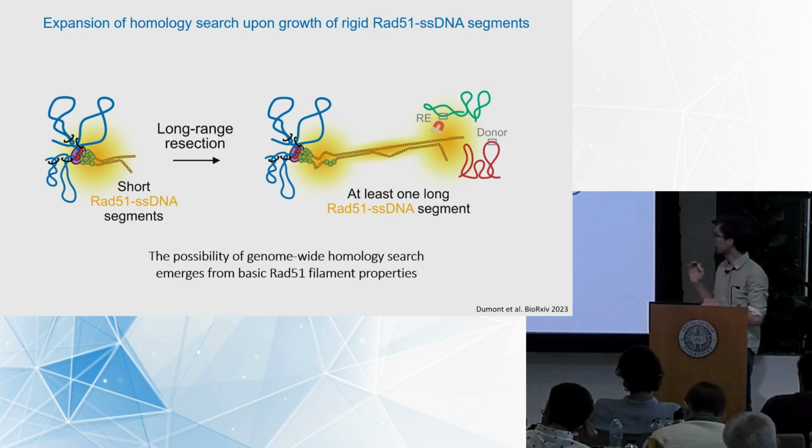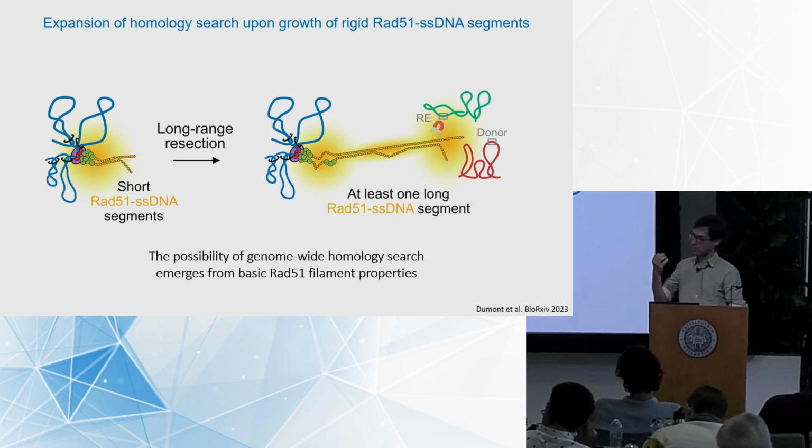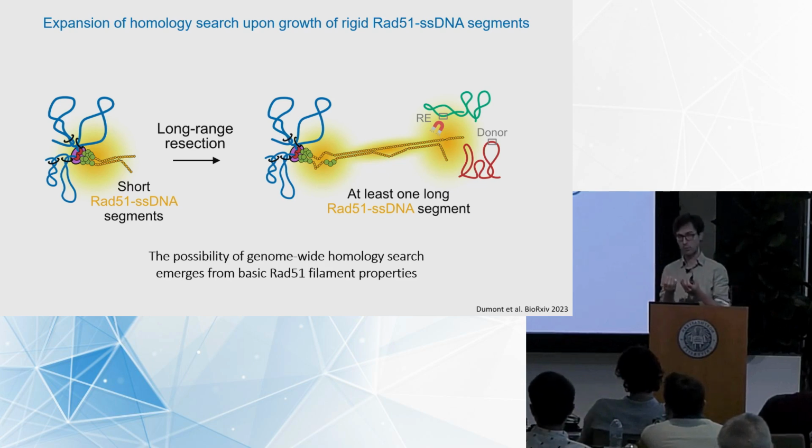What's really interesting, I think, is that it exploits basic properties of the filament, so the rigidity of the filament. And you can actually see the ability to perform homology search as resulting from this basic property and the size of the segments that you can generate.